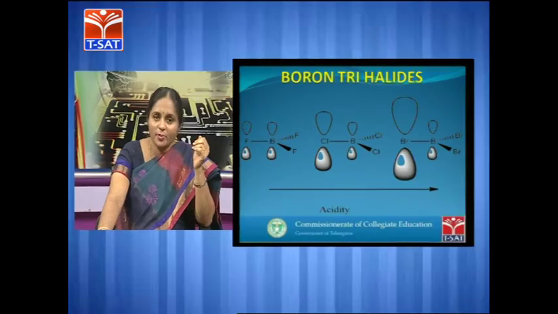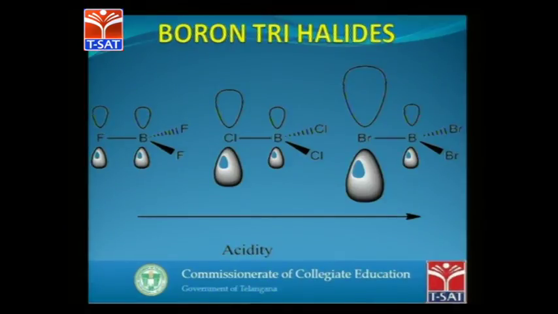What is the reason? The Lewis acidic character increases down the group from BF3 to BBr3, which is unexpected. The reason for this is very important, and in examinations they ask why this unexpected acidic character occurs for boron trihalides from BF3 to BBr3.